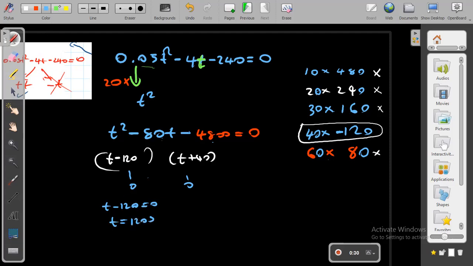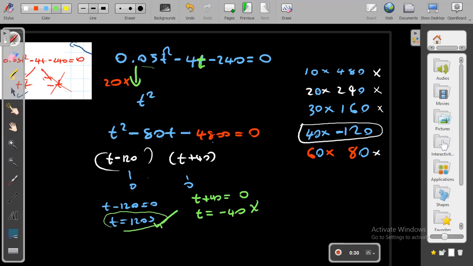In the next one, you get t plus 40 equals 0, so my answer is t equals minus 40. Time cannot be negative, so your answer is 120 seconds.